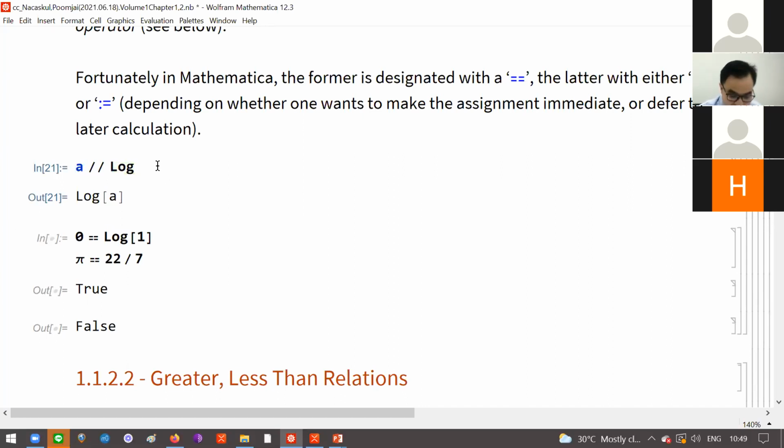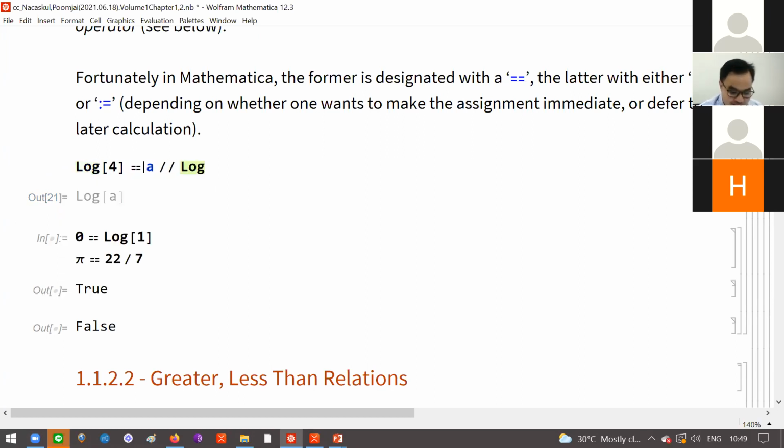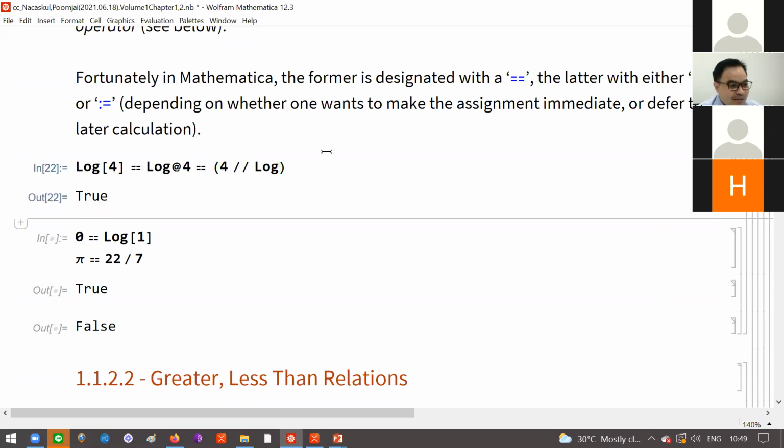Okay, let me do this. Oh, I know what happened. Okay, this is what happened. Log of 4 is equal to 4, and do this. The problem before was that I didn't do this. So what happened is it treats this as one thing. Just a little bit of detail. Now it's good.